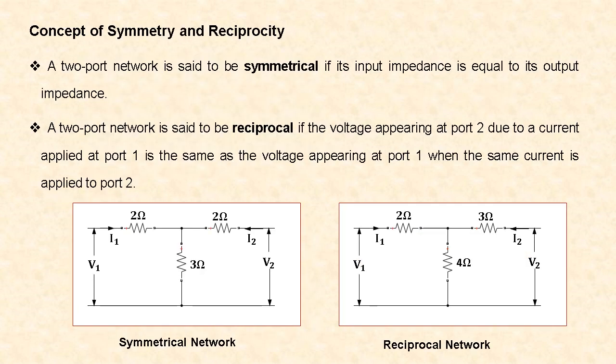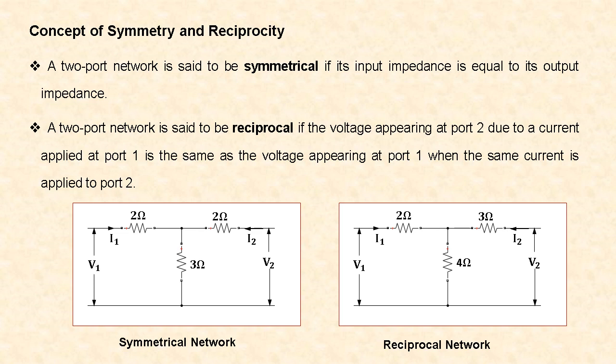Next is the concept of symmetry and reciprocity. A two-port network is said to be symmetrical if its input impedance is equal to its output impedance. That is, if you see the network, it will be a mirror image on both the sides.